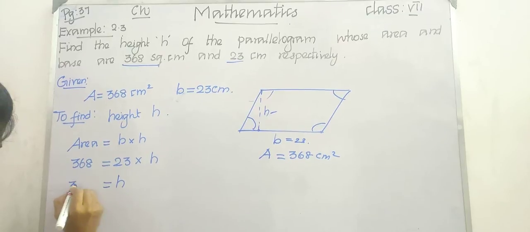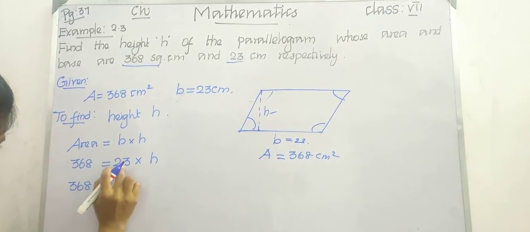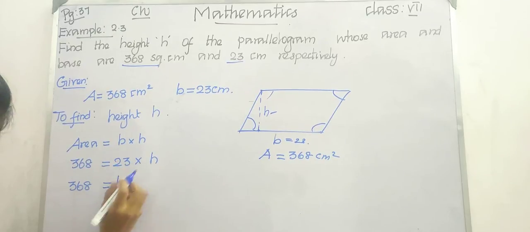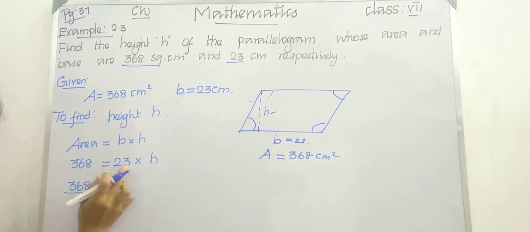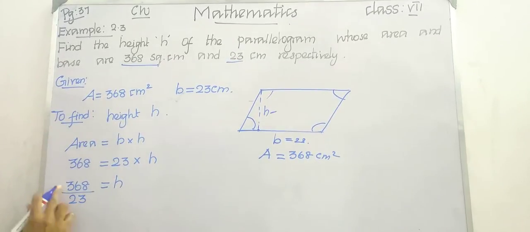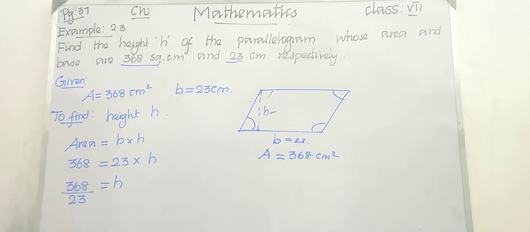So here we have 368. If you move this 23 to the right hand side, since it is in multiplication, it will become a divide. So h equals 368 divided by 23, okay children.